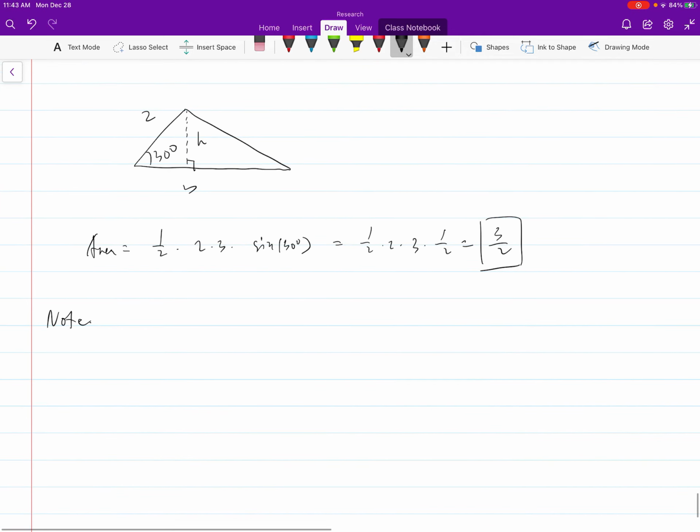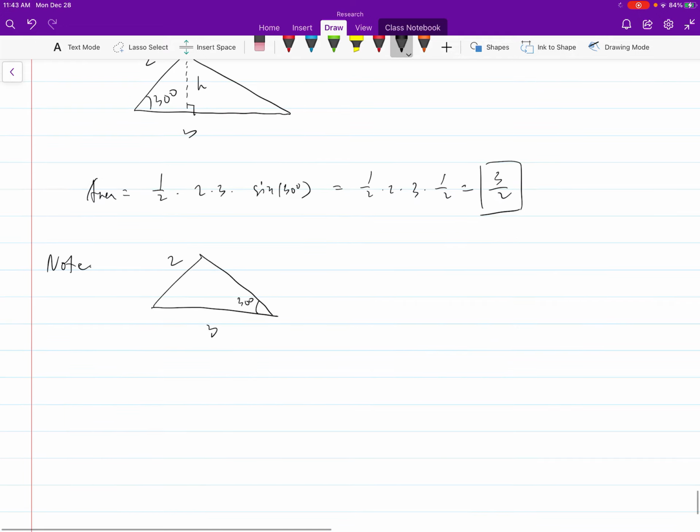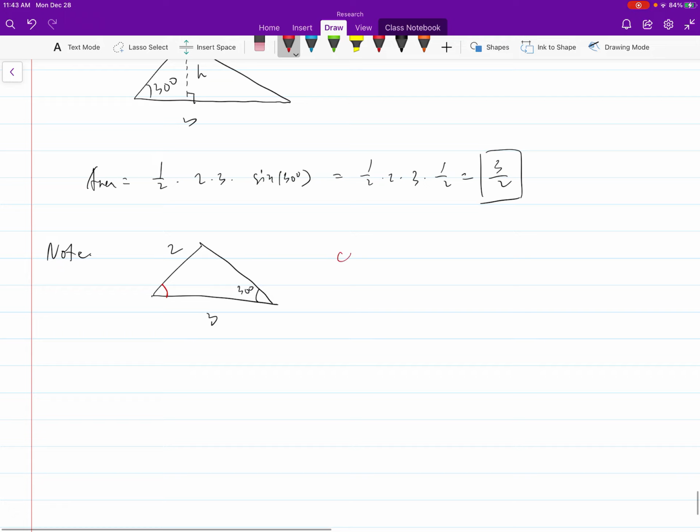Note, make sure the two sides and the angle is between the two sides. So if you know this, you cannot use the formula directly, because for the formula you need the angle between these two sides.